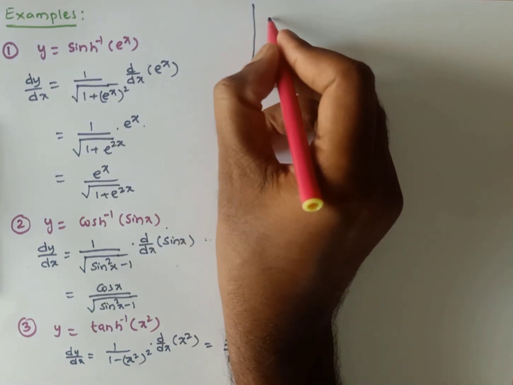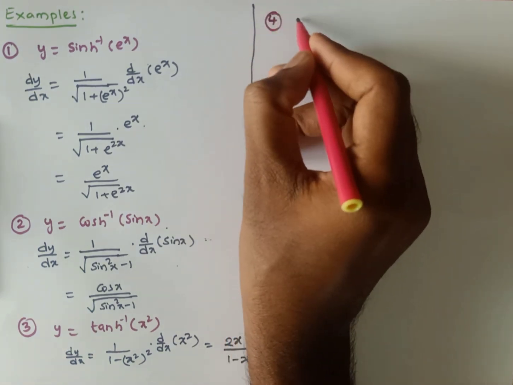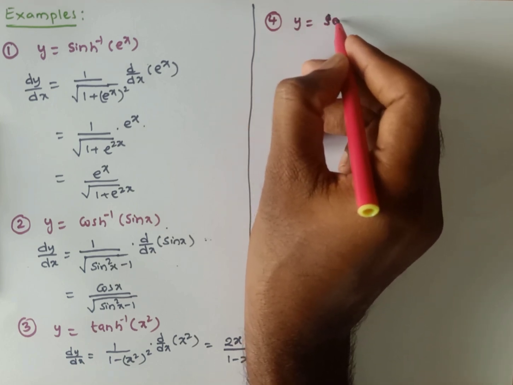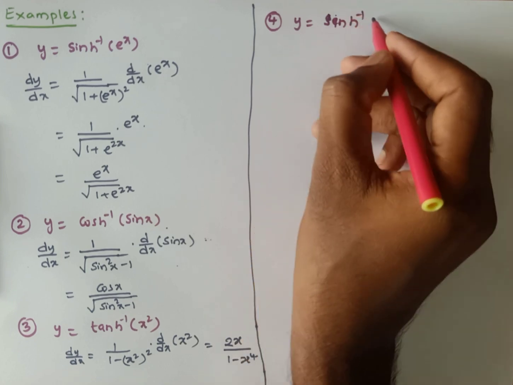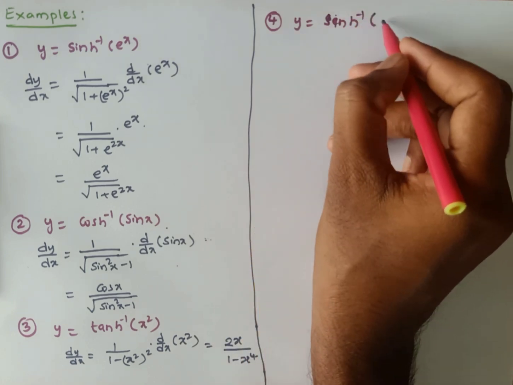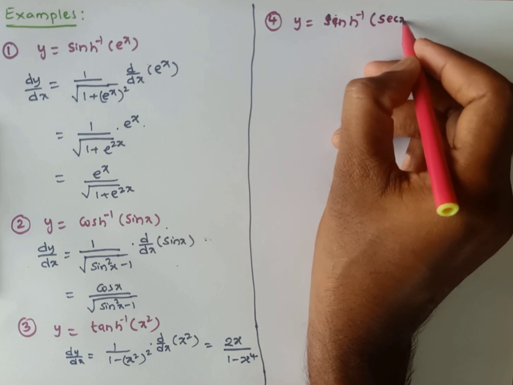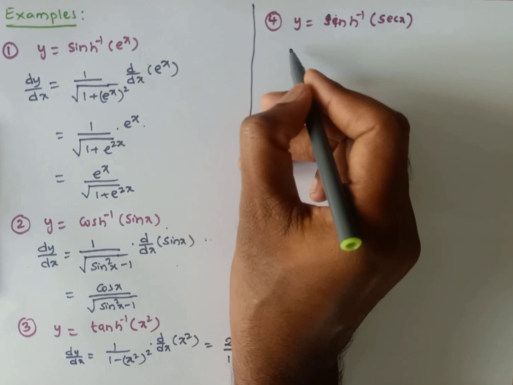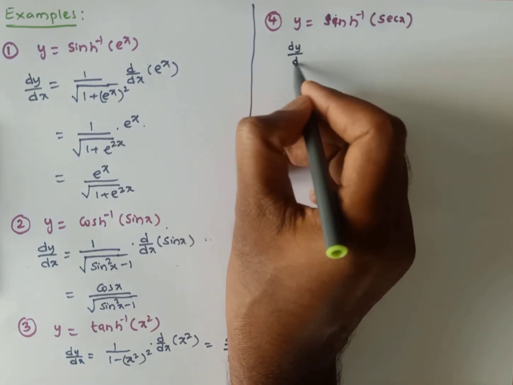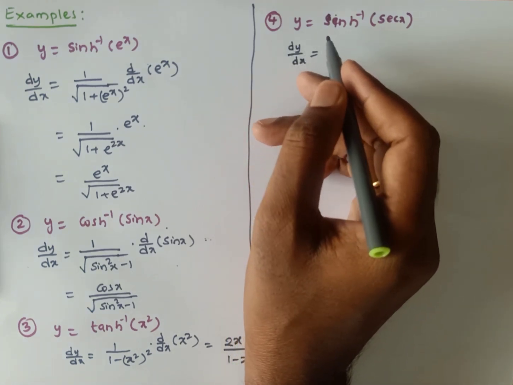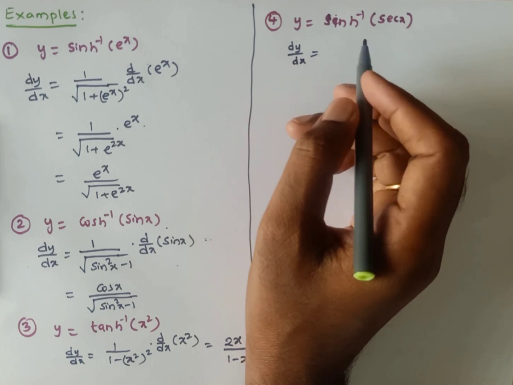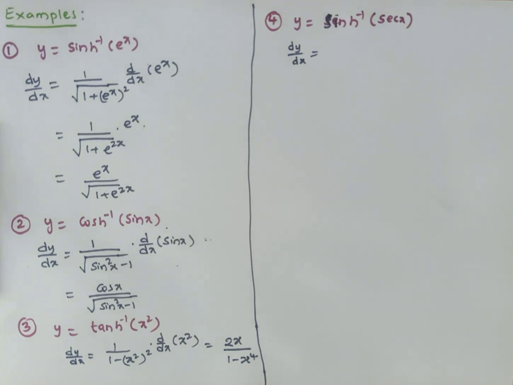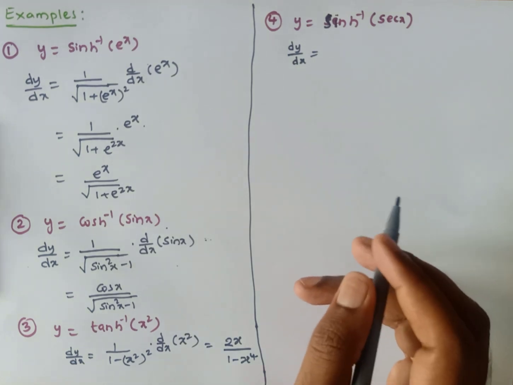Next, the fourth one, y equals sinh inverse of secant x. Now dy by dx: the derivative of sinh inverse is 1 by root of 1 plus x square, right?